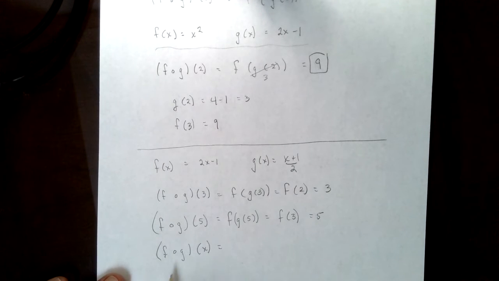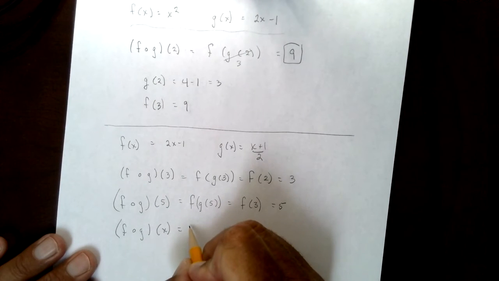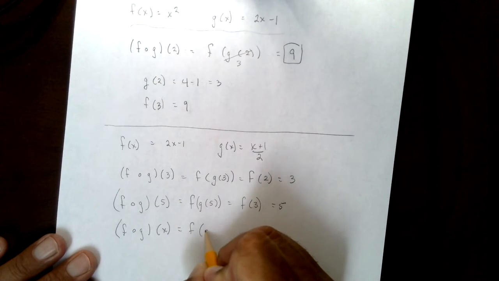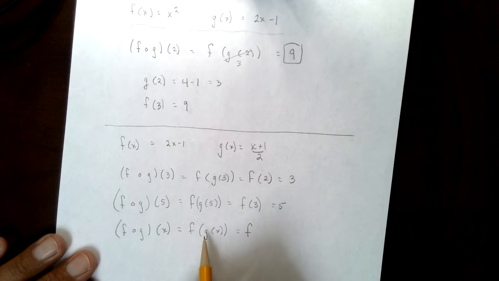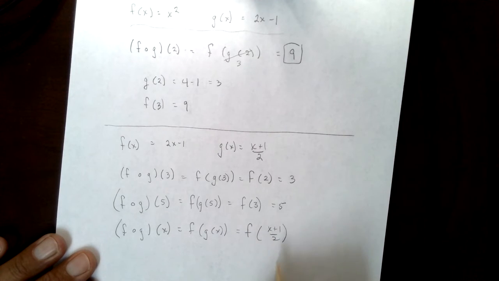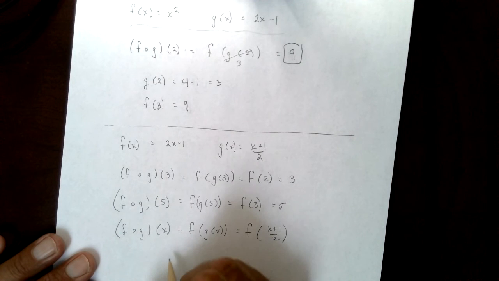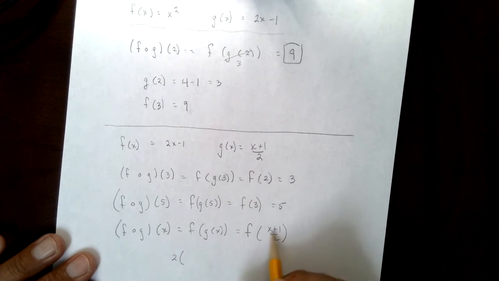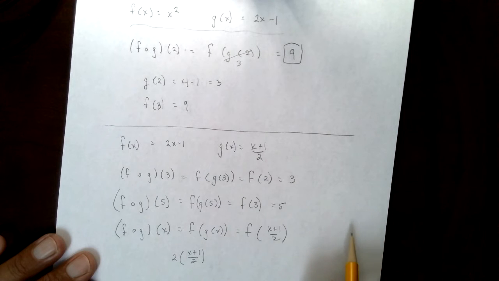What really is going on is if I took f of g of x and rewrote it, that means g of x, which is (x plus 1) over 2, is now going to get plugged into my f function. And when I plug it in, I get 2 times this value, (x plus 1) over 2, minus 1.